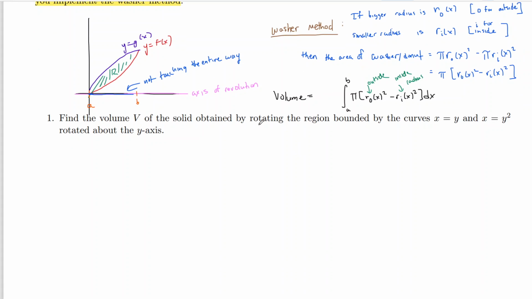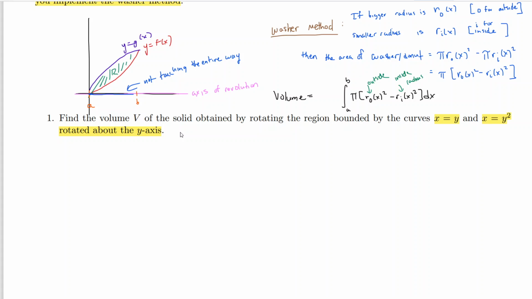Right, so number one here, it says find the volume V of the solid obtained by rotating the region bounded by the curves x equals y and x equals y squared about the x-axis. Now, like with the areas section we did in the previous section, you can or cannot be given the bounds. And if you're not given the bounds like this, that means the curves intersect and you're just looking for that region.